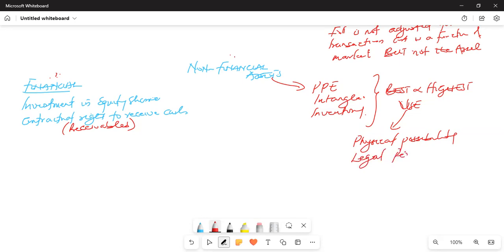But here the standard says that the legal permissibility is there even if it is not legally approved. So we talk about the legal permissibility, then the financial feasibility. All right. So these are the things that you are supposed to know in IFRS 13. So ladies and gentlemen, that is that.